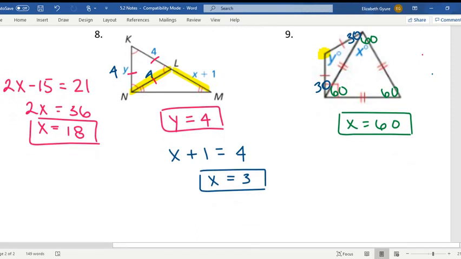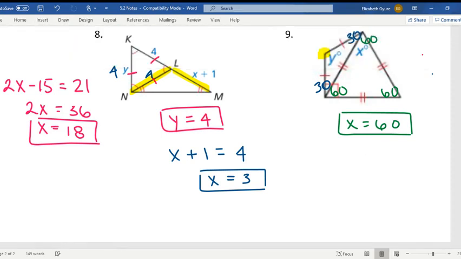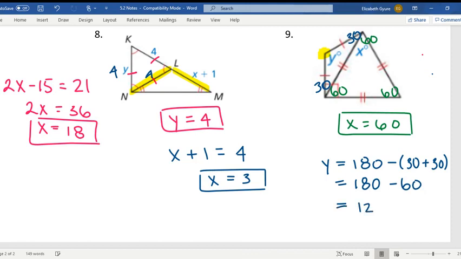And then you have this little isosceles triangle where this is y, this is 30, and that's 30. So then don't all three of your angles have to add to be 180? So I would add those up and subtract. To find y, you can do this in a few different ways if you want. I like to do this all at once. 180 minus what we have so far, which is 30 plus 30. 30 plus 30 is 60, and 180 minus 60 is 120.